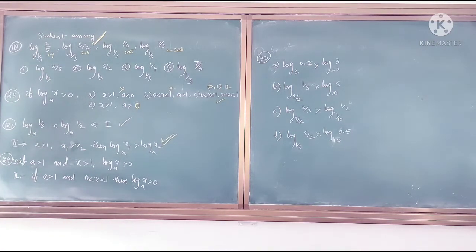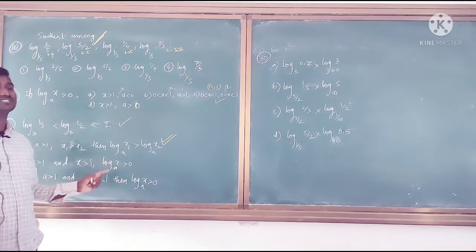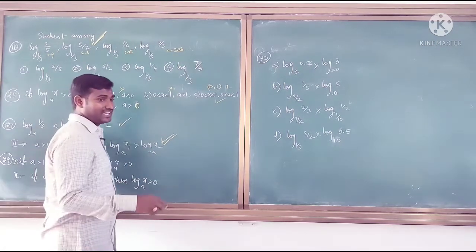Next, question number 29. If A is greater than 1 and x is greater than 1, then log x to the base A is greater than 0. If both x and A are greater than 1, we will get a value greater than 0 only. First case and third case.